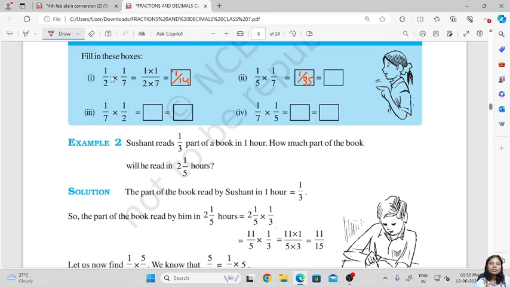Here you can write it in this form, 1 into 1 upon 7 into 2. So this will be again 1 upon 14, so no matter how you interchange, your answer will remain same. See here, they have just interchanged the two numbers and yet the answer remains the same.